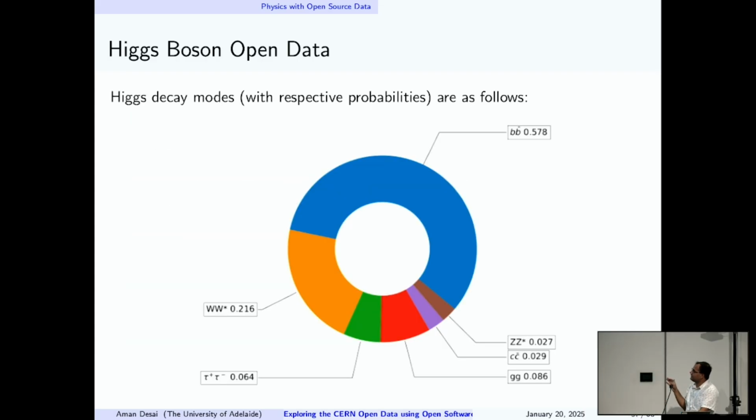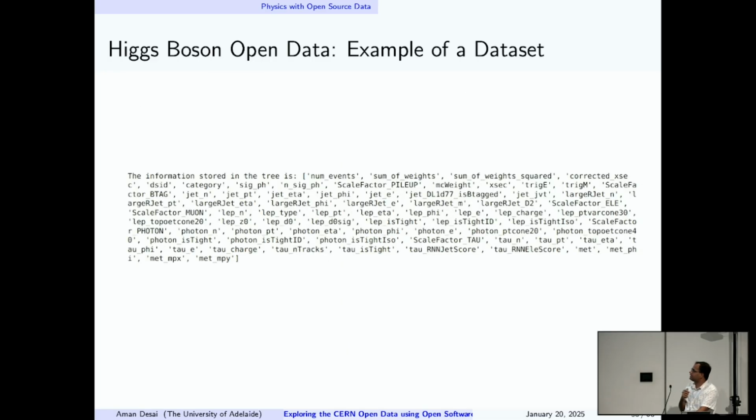These are some of the decay modes. So it's basically the probabilities of the way the Higgs would decay. And in the tutorial, we'll be discussing the gamma-gamma channel, which is not shown here because it's really small, but it's a very clean channel. This is an example of a data set. It's a condensed thing, so we have several columns there.